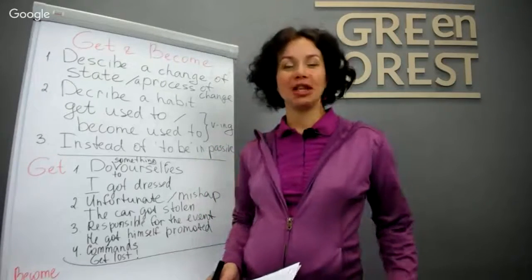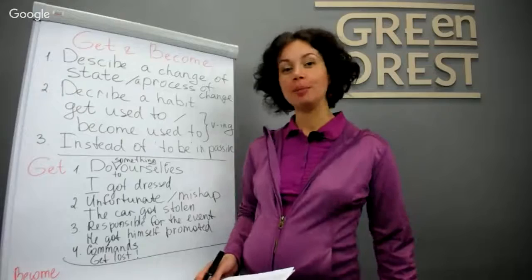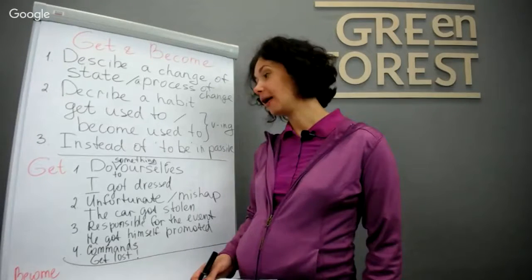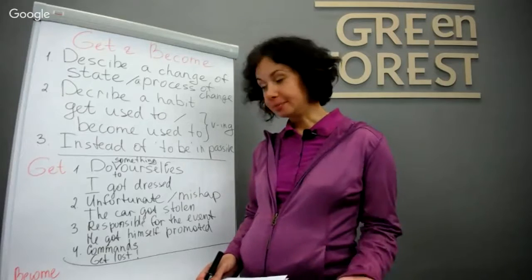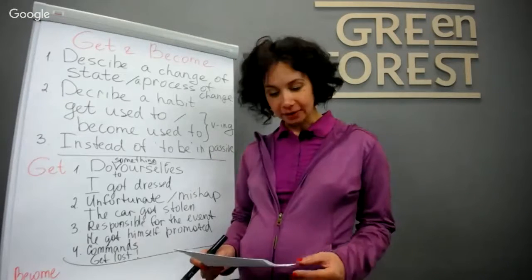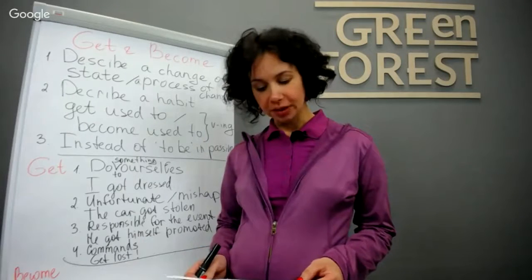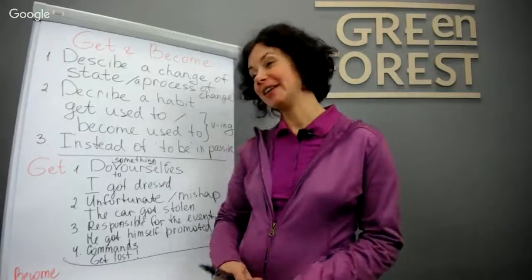So when you want to change your state and you want to be somebody else, in this case, you need to use become instead of get. So that's it. I have to say there is nothing else I can tell you.